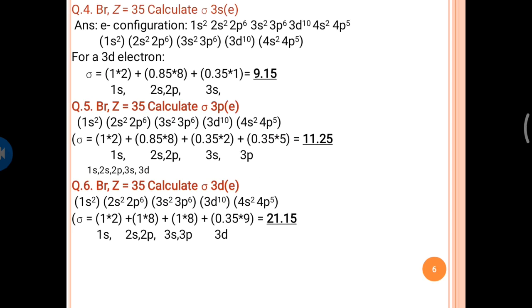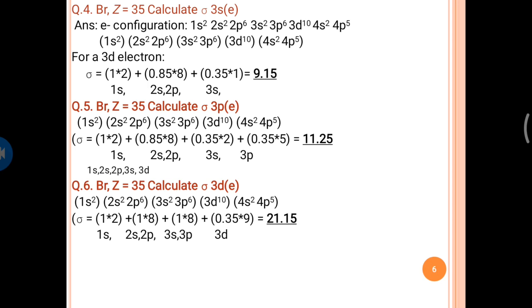Okay, so fourth example: calculate the screening constant of the bromine atom, for the 3s electron. First its atomic number, Z is equal to 35. Then write the electronic configuration of the bromine atom: 1s2, 2s2, 2p6, 3s2, 3p6, 3d10, 4s2, 4p5.